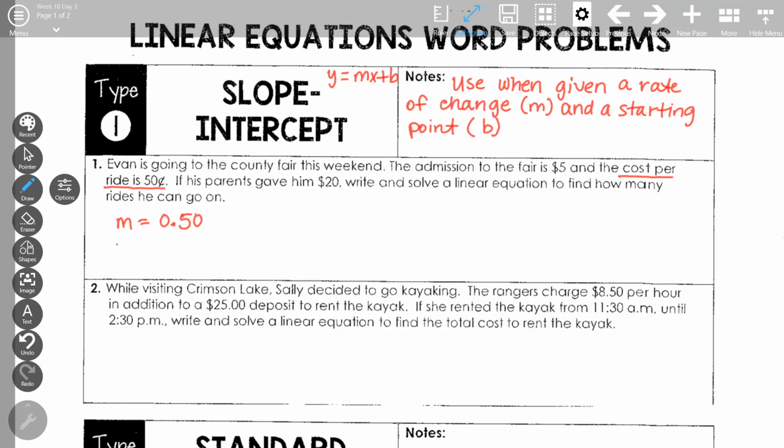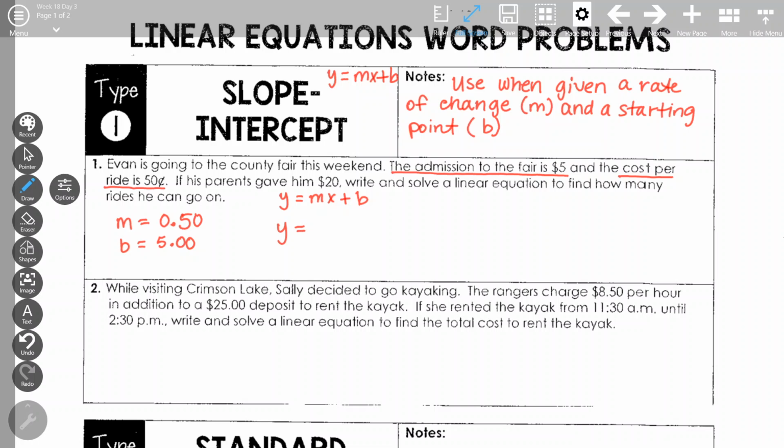Now the y-intercept, remember, is the b, and it's going to be how much it's going to cost him to get into the fair. It says the admission to the fair is $5, so the b is $5, okay? Now, what you want to do is take y equals mx plus b and plug those in.